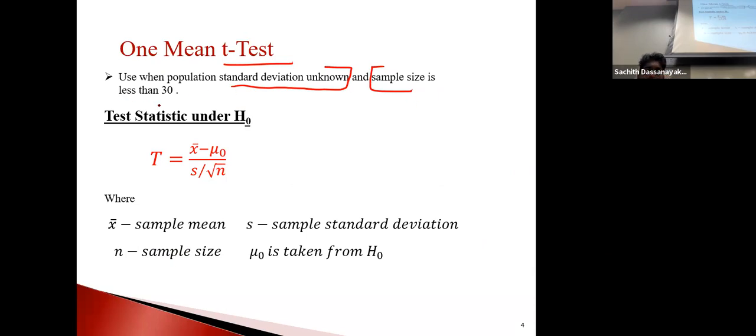So in this case, yes, we use one mean T test if our sigma is unknown and sample size less than 30. If sigma is unknown but sample size greater than 30, I'll let you know at the end of this section.